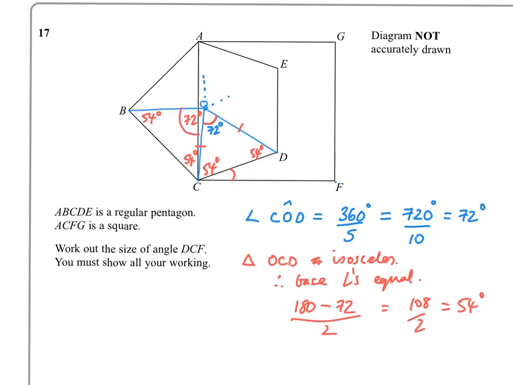And then I'm just going to have a look at the diagram for a minute and see if I can see anything else which is clear to explain. Right, I've just seen something here.